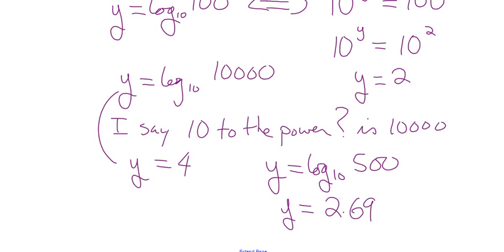Now go to your calculator and go 10 to the power of 2.69. What do you get? It's not 500. It's 977788194, but it's close. If we took more accuracy, we'd get more accurate. If you do log 500, hit enter, then go 10 to the power of, and use second function answer to pull that number back in, you get exactly 500.